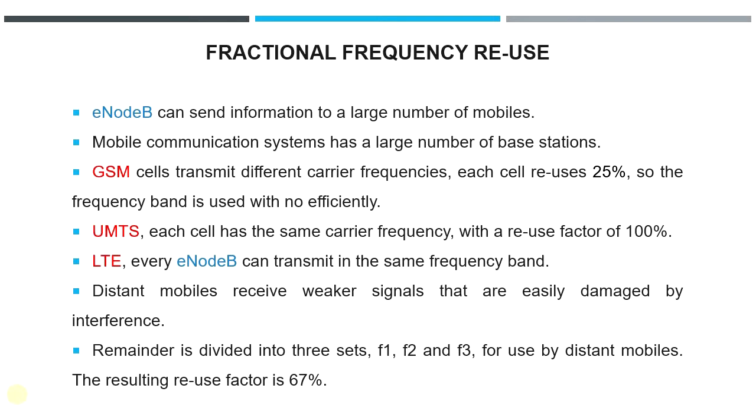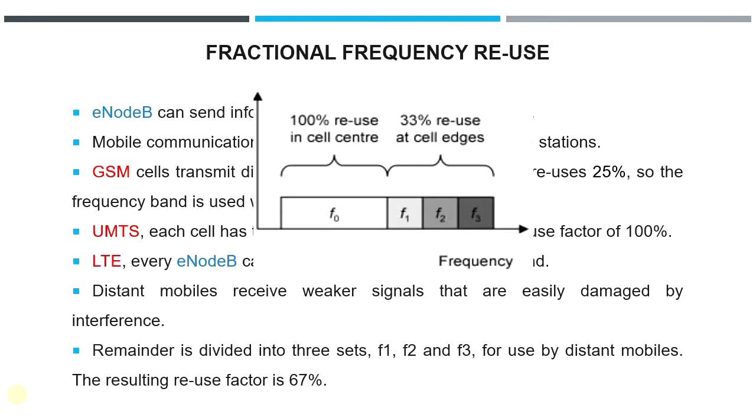In an LTE network, every base station can transmit in the same frequency band. However, it can allocate the subcarriers within that band in a flexible way, using a technique known as fractional frequency reuse that can give the best of both worlds.